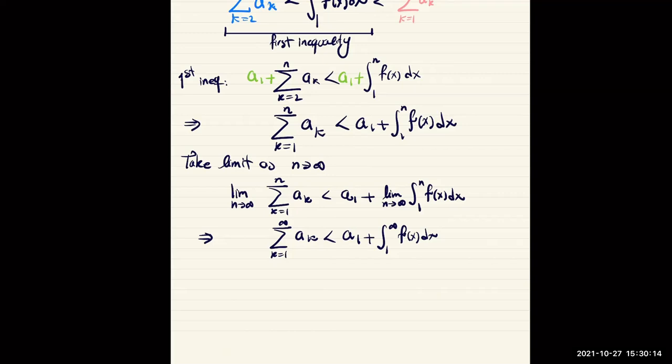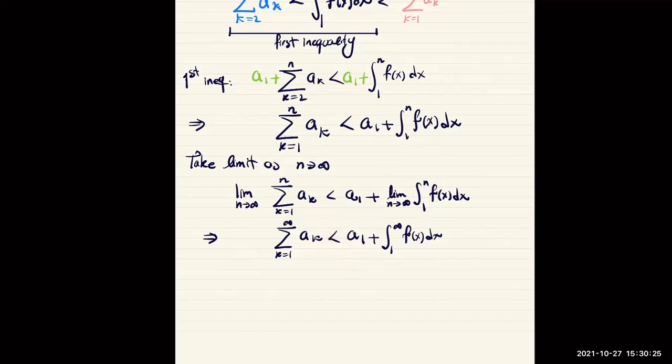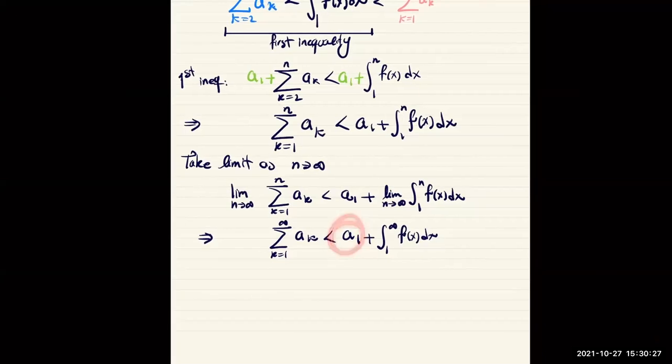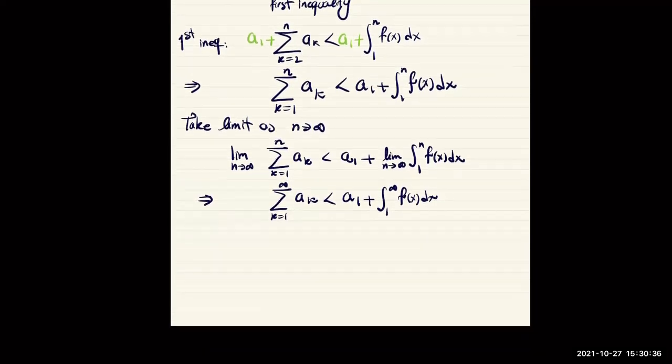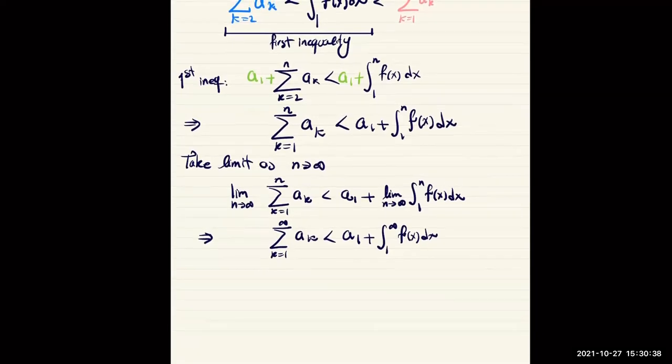An upper bound is the number that the series can't exceed. Whatever the series is, assuming again convergence, it is always going to be less than the first term plus the improper integral. I'm going to show you how to use this inequality later. But this inequality is true.